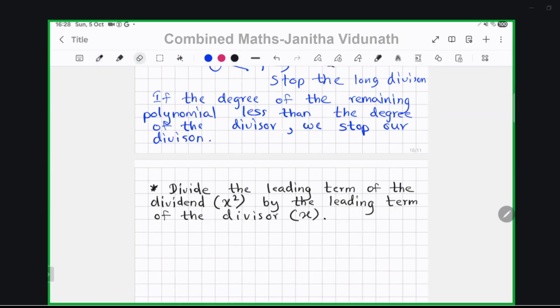The result is the first term of our quotient.